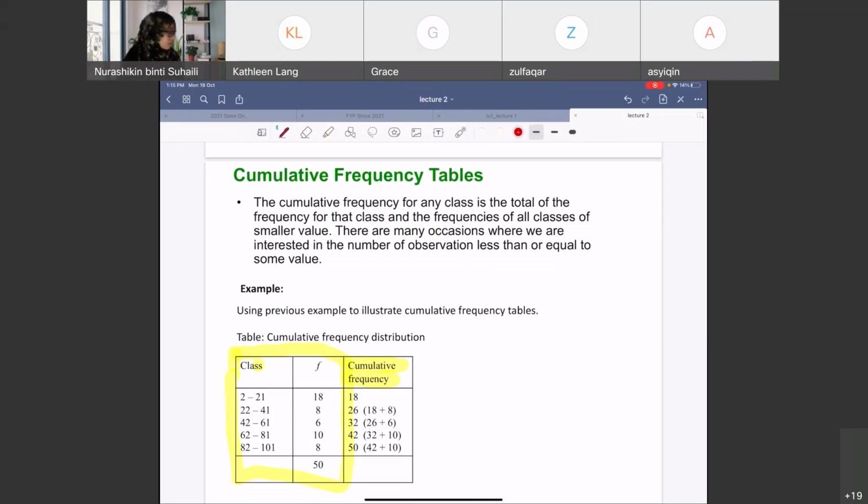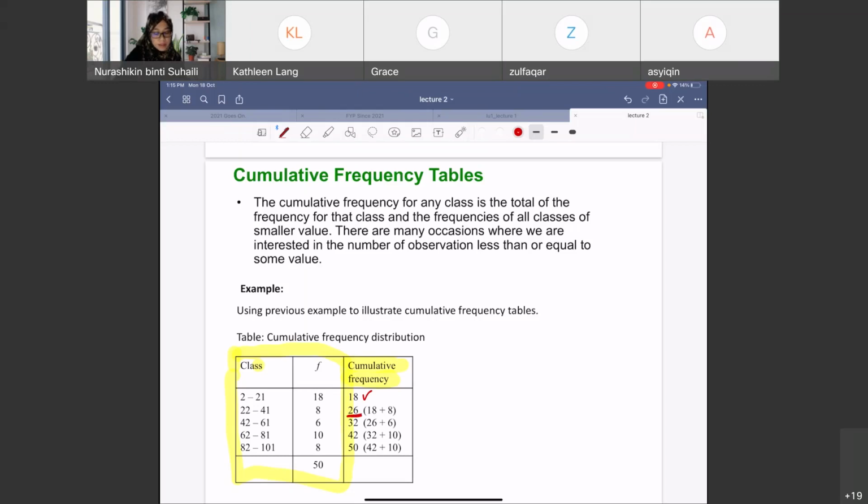For example, the first class is 18. When we move to the second class, the cumulative frequency is the accumulation of the first and the second class. 18 plus 8 is 26. So at this point, it is 26.